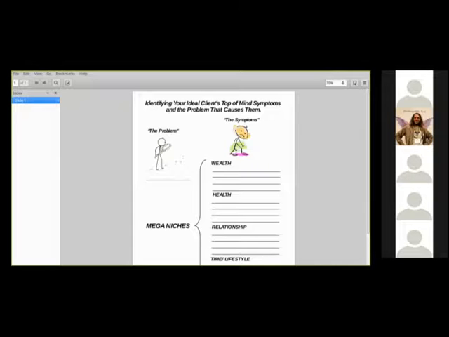The people are going to be suffering symptoms in the areas of what are known as the mega niches. They're going to have some symptoms in the area of wealth, whatever it is. It's going to be interfering with their ability to make money or enjoy prosperity.